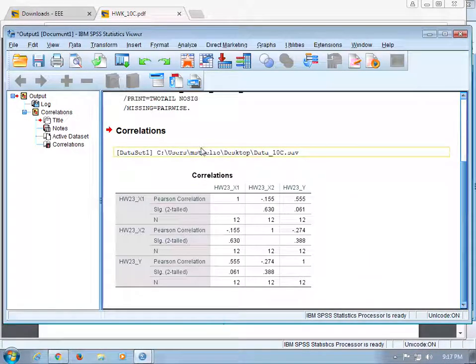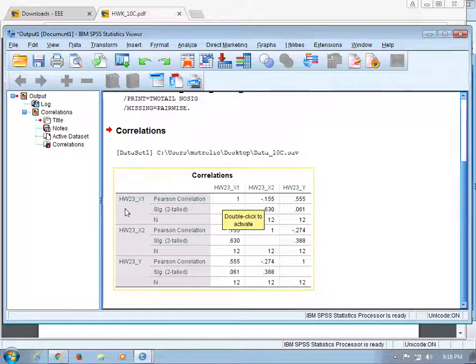So in this correlation table, the Pearson correlation row is what you'll be looking at. In this value here, this 1 is the correlation between x1 and itself. This negative 0.155 is the correlation between x2 and x1. And this 0.555 is the correlation between y and x1.